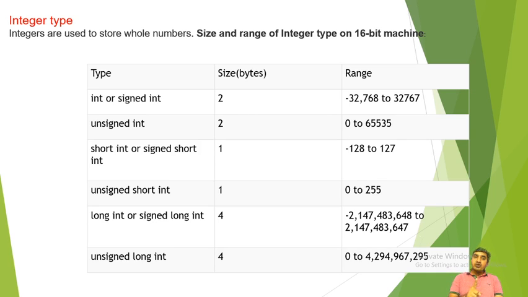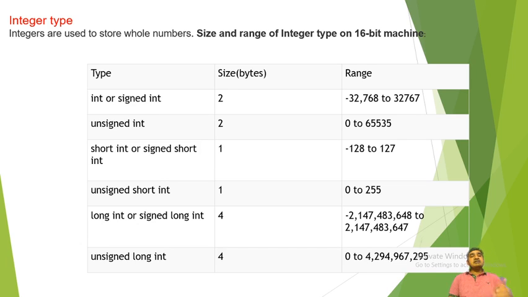So 1 byte means 8-bit. Here we consider 2 bytes, so it is 16-bit and the range is -32768 to 32767. This is the range of this data type, that is integer, signed integer.